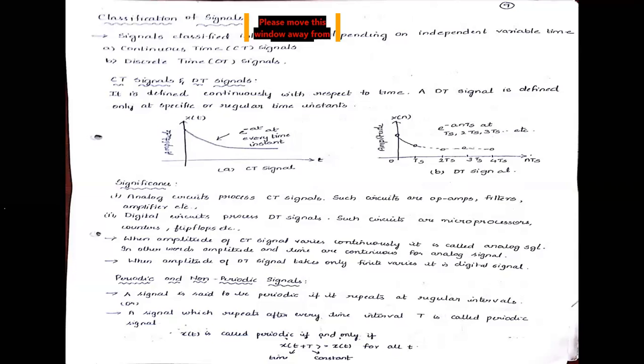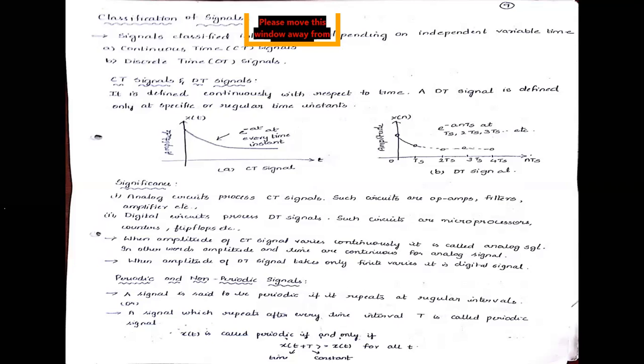And discrete time means at particular instants of time. At particular instants of time means you can see here 0, Ts, 2 Ts, 3 Ts, 4 Ts, and so on. Sampling of the continuous time function becomes a discrete time function.